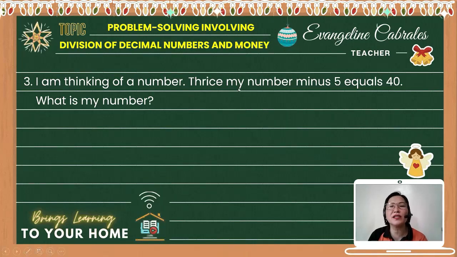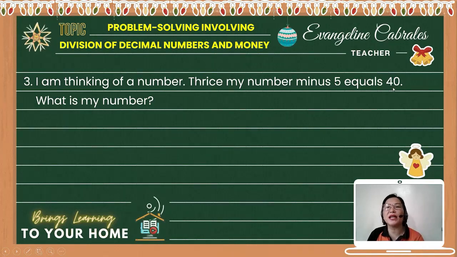To give you the answer to this, ang pwede rin gamitin dito ay kabaliktaran or inverse. For example, this is minus. What's the inverse of minus? That's plus, or addition? Kasi this is subtraction. What's the inverse of thrice or multiplication? That is division.